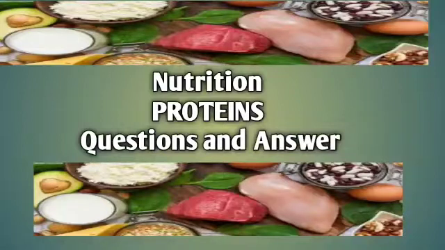Protein or amino acid. Number 1, a class of nutrient that includes molecules made up of one or more intertwining chains of amino acids. Number 2, contains carbon, hydrogen, oxygen, and nitrogen.